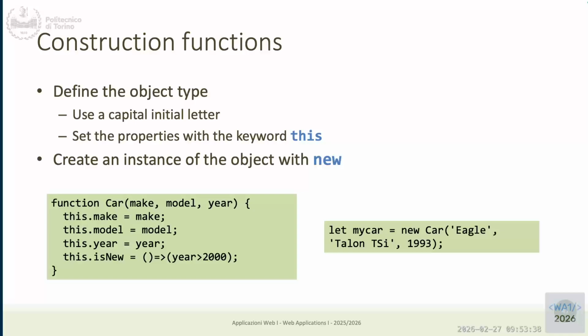So by convention, constructor functions are defined with a capital letter, Car with a capital C, Person with a capital P. And they are called not just as a normal function, but with a new keyword.